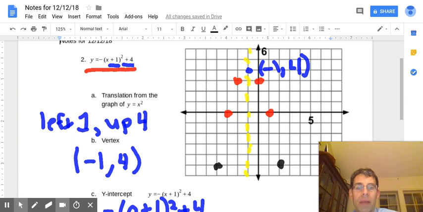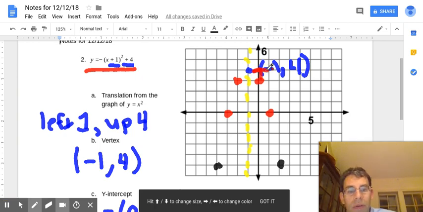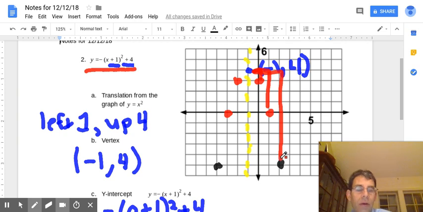It does have a flip, so we can go from our vertex over 1, down 1. We can go over 2, down 4, over 3, down 9, over 4, down 16.